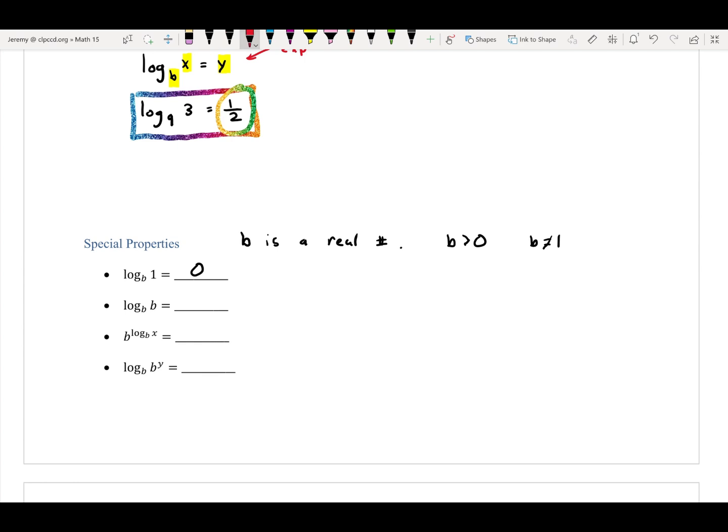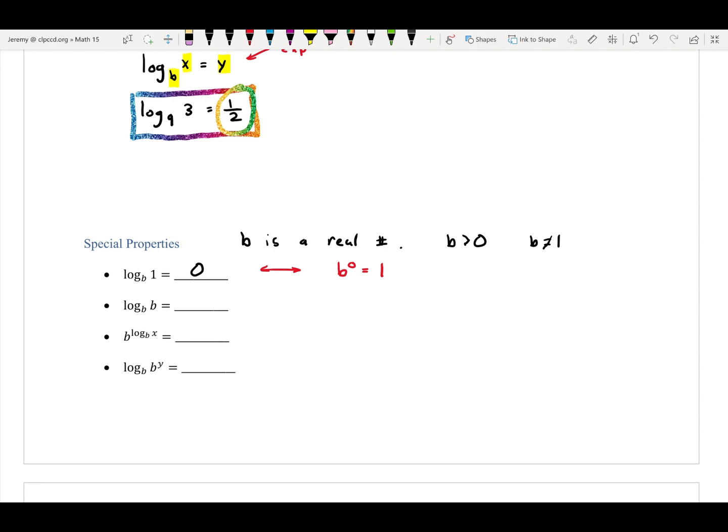So that's the property we have: log base b of 1 is always equal to 0. Rewriting this equation in exponential form, it would be b to the 0th power equals 1. We all remember this, so I'm just rewriting that property in logarithmic form.